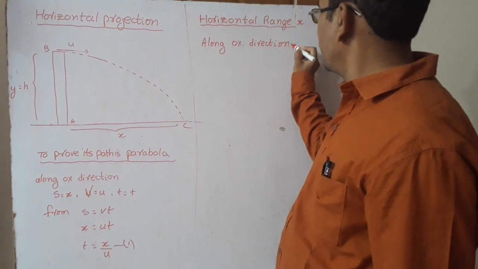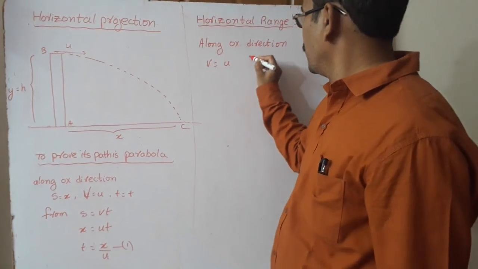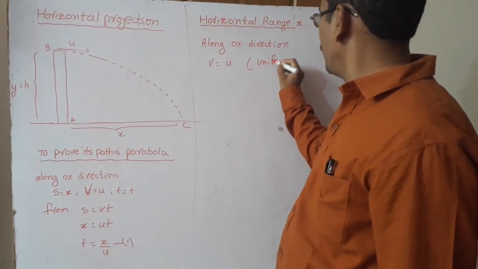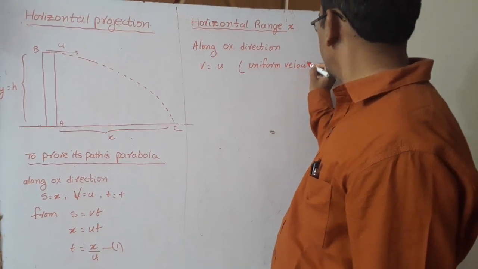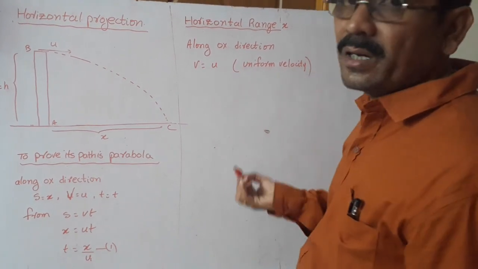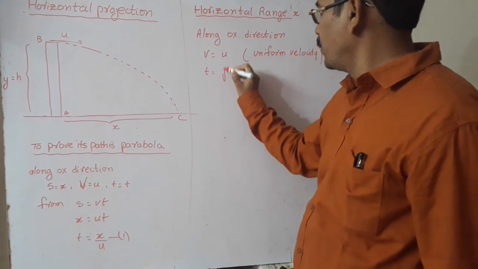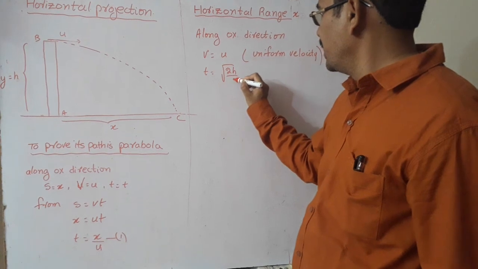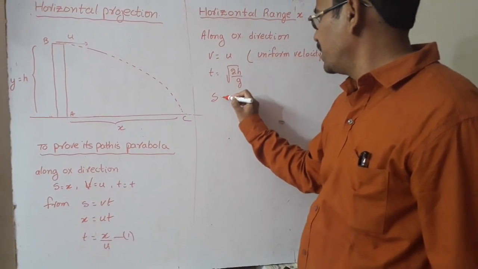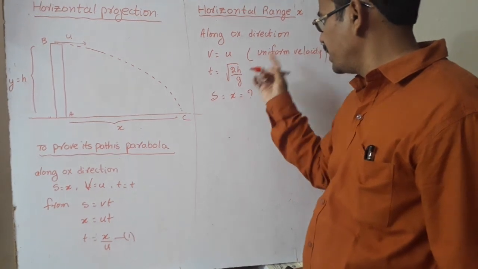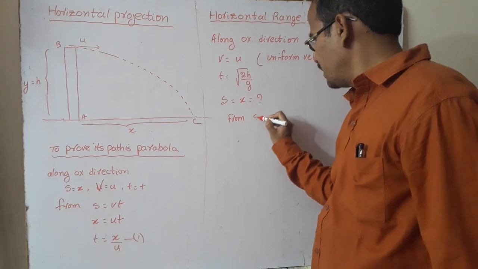Along x direction, what is velocity? u, that is uniform velocity, because there is no acceleration in this direction. Time t is equal to root of 2h by g, just as we derived. s is equal to x is equal to question mark, that is to be found from s is equal to vt.